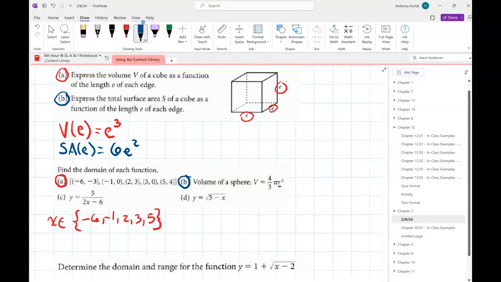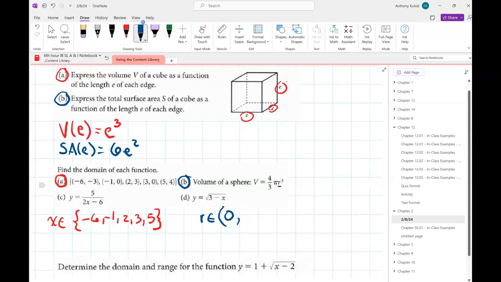So what is the smallest possible length we could have for a radius for a sphere? Just above 0, right? So we'll call something with 0 radius not possible. And then how many lengths after 0 can we have? Infinitely many, right?